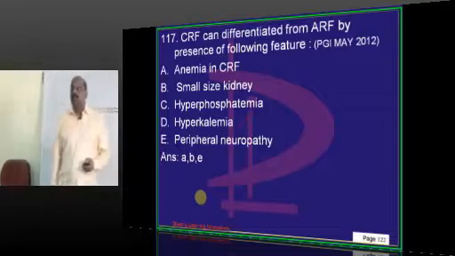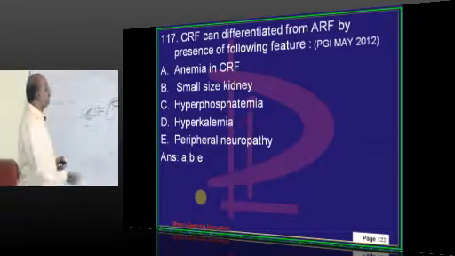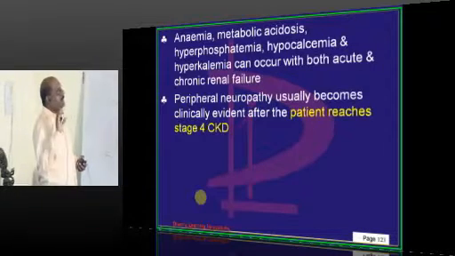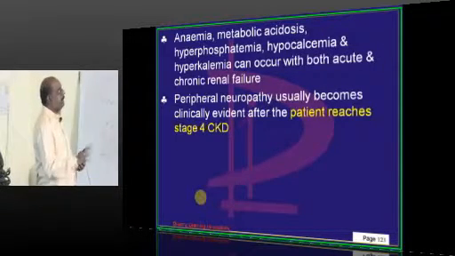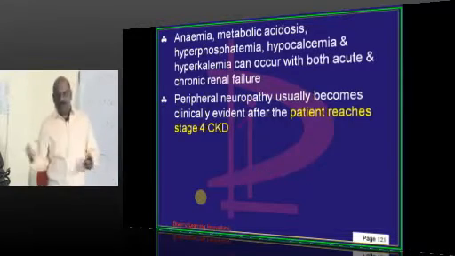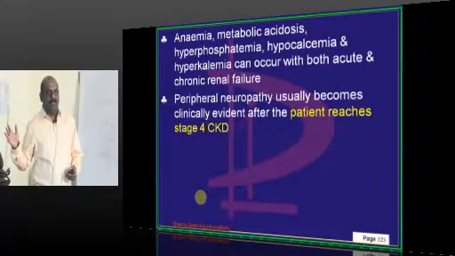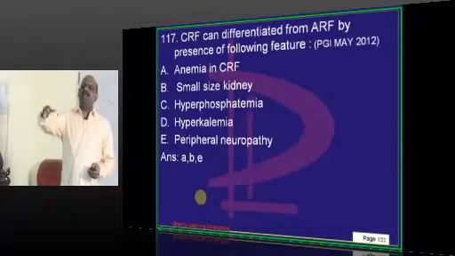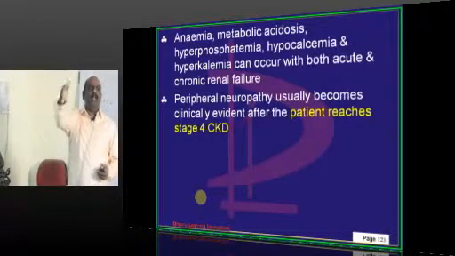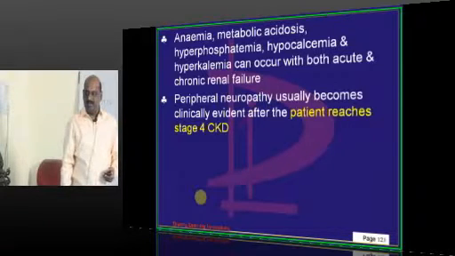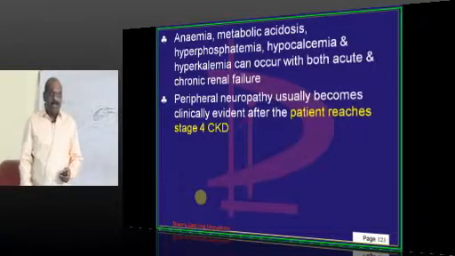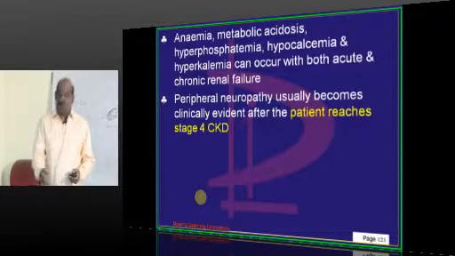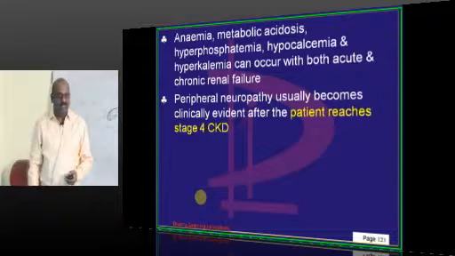So doctor, if you take anemia or acidosis, hypercalcemia, hyperphosphatemia, hyperkalemia, it can occur both in acute and also chronic renal failure. Anemia, generally the school of thought is, unless the renal failure is very long standing in nature, anemia doesn't occur. Right? But you take the example of TTP or HUS, hemolytic uremic syndrome.